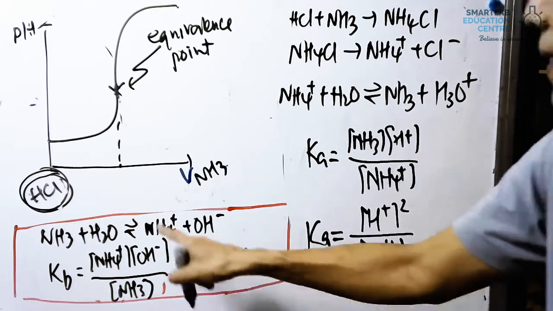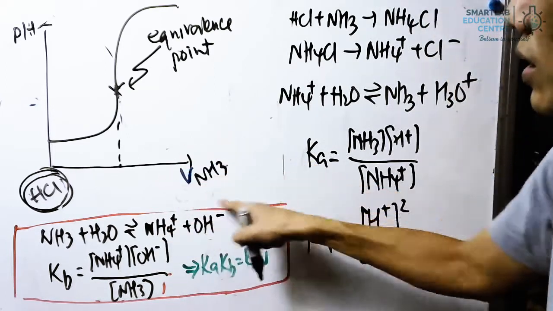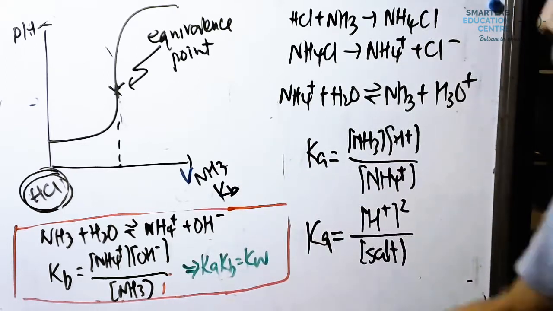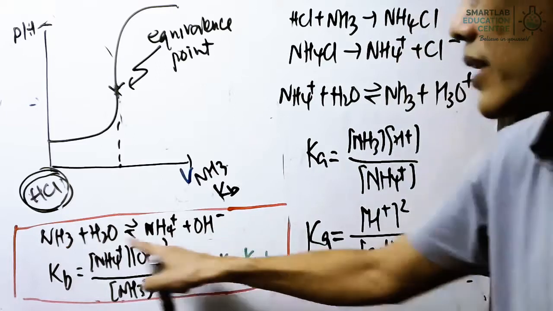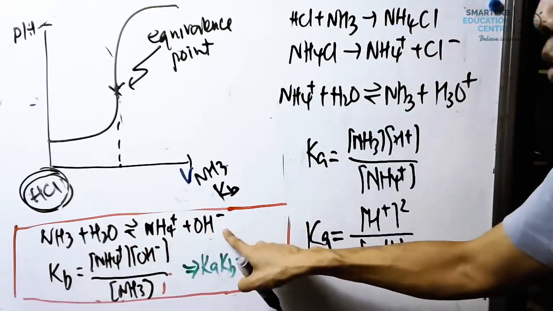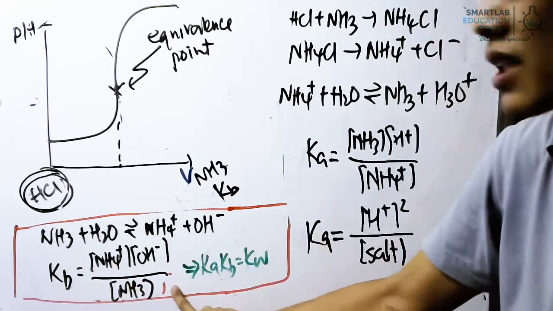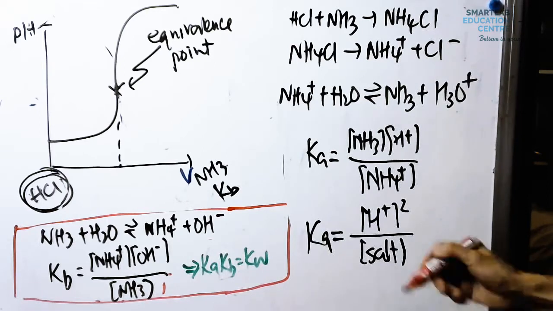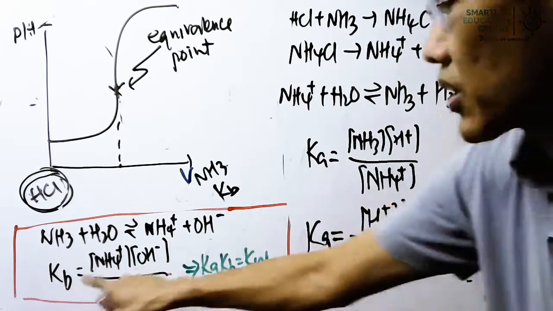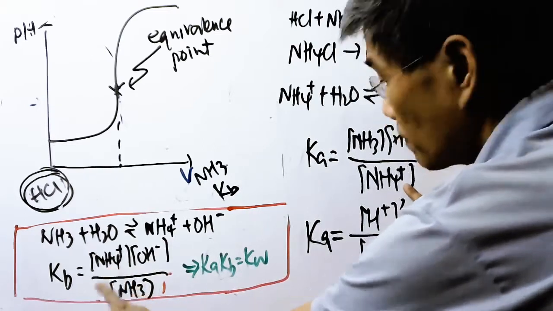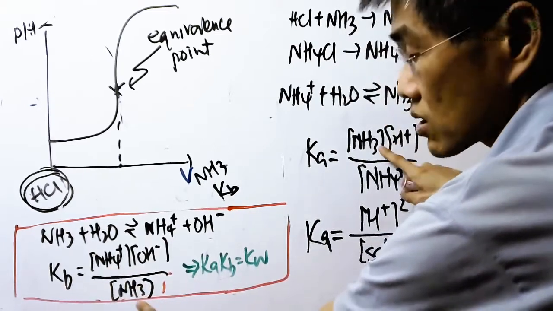In the same way, if we are given the Kb of ammonia, then we can write the ammonia undergoing ionization to form OH-, and the Kb expression is as such. In the same way, if we take Ka multiplied by Kb, the NH4+ is on top in one and below in the other, and the NH3 is below in one and on top in the other.